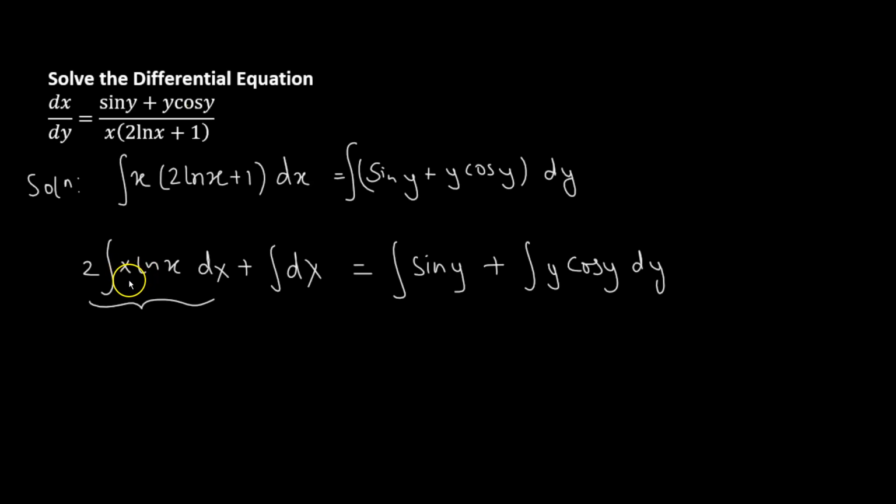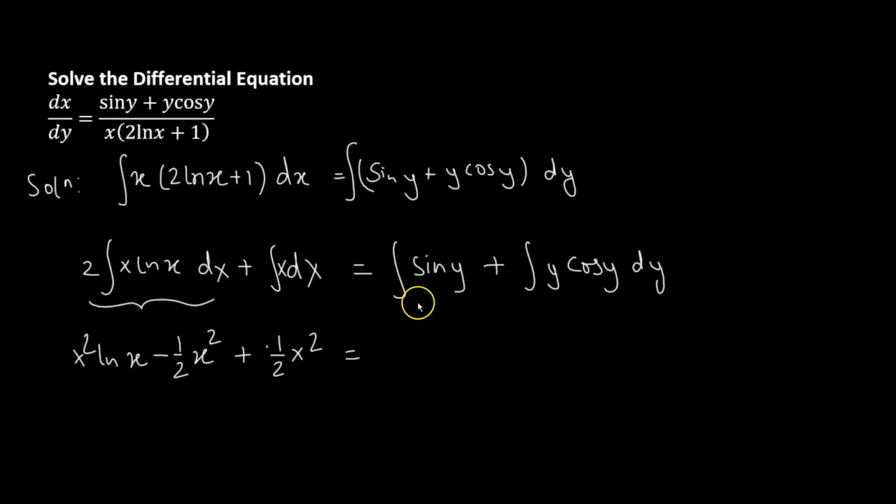So the result will nonetheless be the same. So we will get x squared natural log of x minus half x squared plus the integration of dx. As this is x dx, the integration of x dx will be plus half x squared plus some constant of integration c, but that will be taken care of later on.